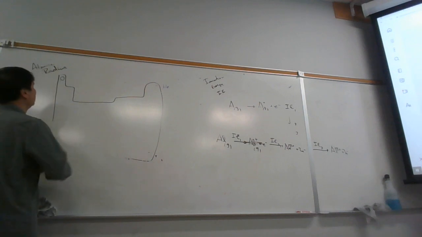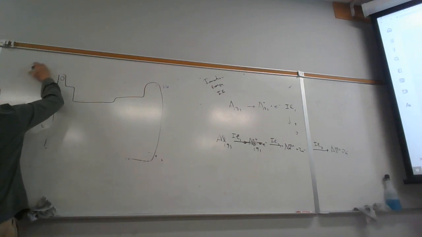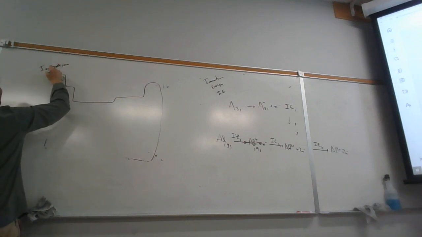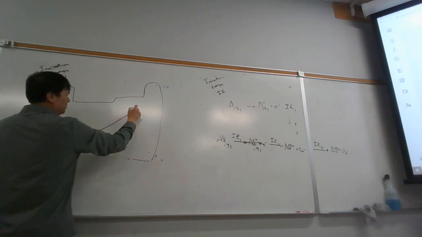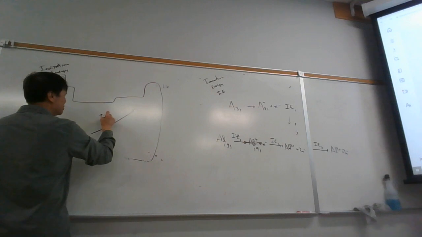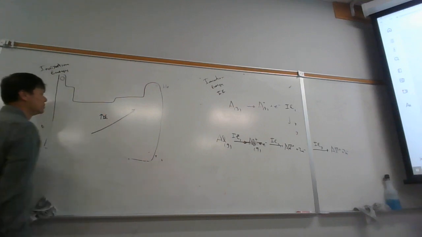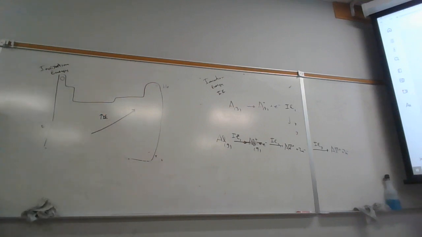And so what we're going to see for ionization energy is this pattern. As we go up and to the right, the ionization energy increases, and follows the size pattern.